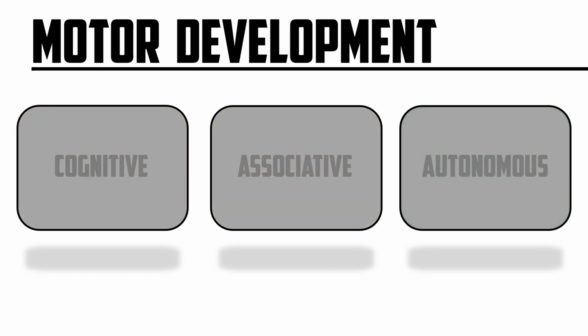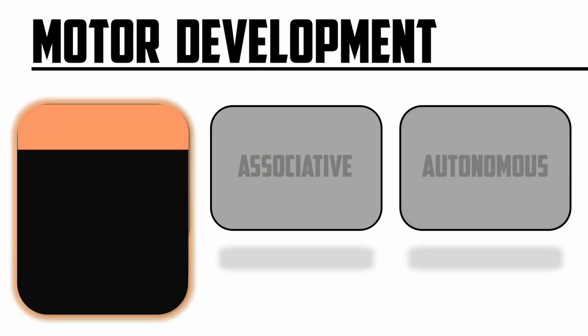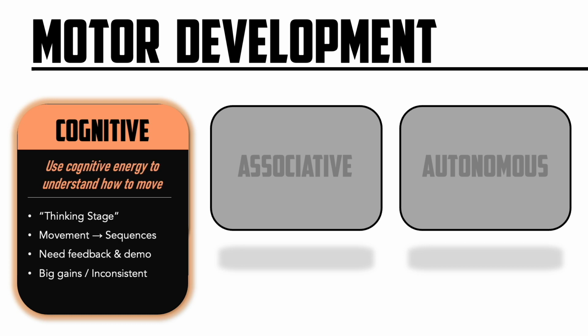A majority of what we're going to talk about today is going to be in the cognitive stage of motor development. They're using a lot of their brain power, cognitive energy, to understand what they're supposed to be doing, how they're supposed to be doing everything. It's called the thinking stage. And it's important that we break the movement or the final result down into sequences, and we teach within those sequences.